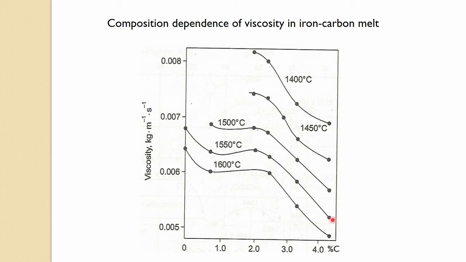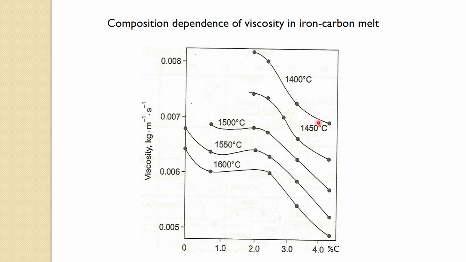You can see that as the temperature increases, the viscosity decreases. Also, the percentage of carbon present in the melt usually reduces the viscosity, which you can see in all these curves.